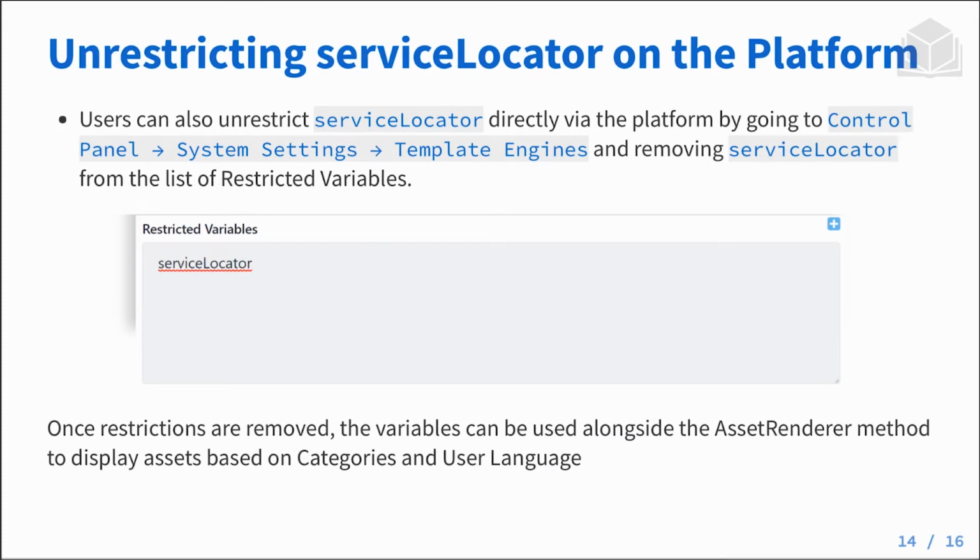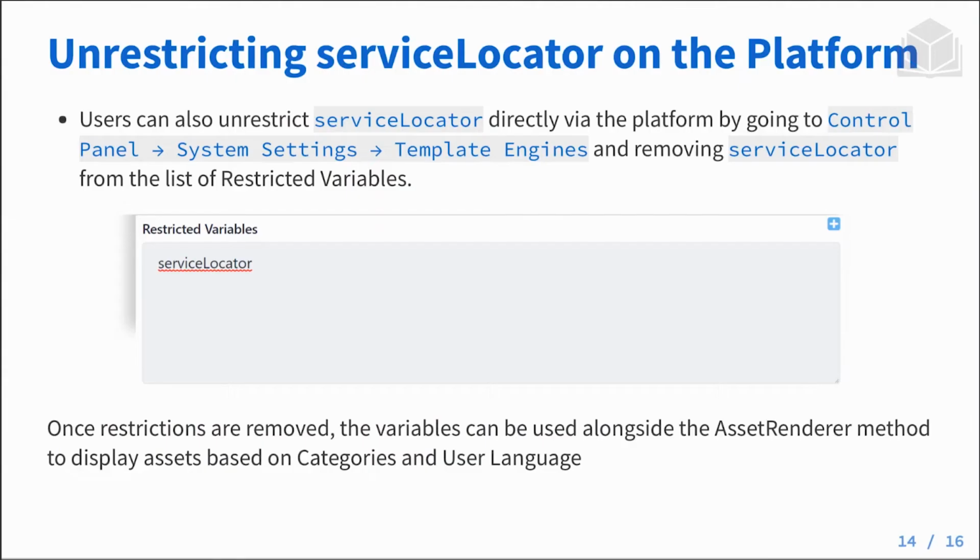So in the control panel, system settings, and then template engines, what you can do is you can search for the FreeMarker variables and remove the serviceLocator from the restricted variables. Now, in some cases, this is not something that you want to do. This does add some risk if you do not have the proper permissions and things set up. As I mentioned, those who have the ability to write templates can access some database information.